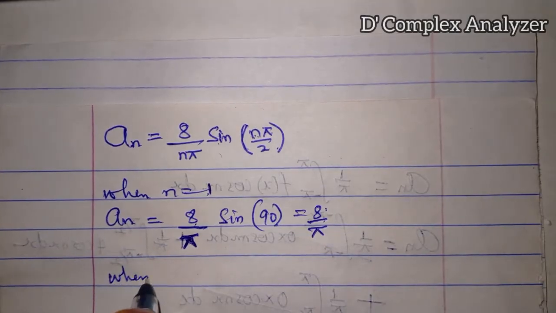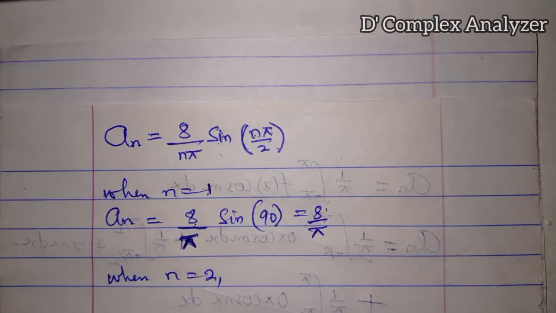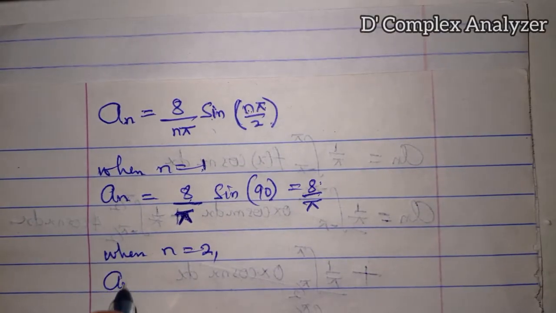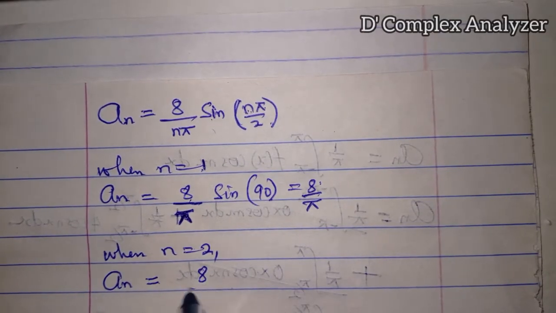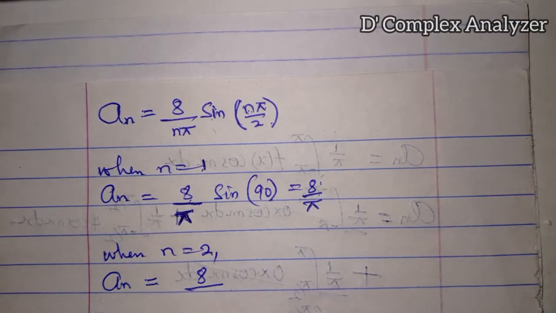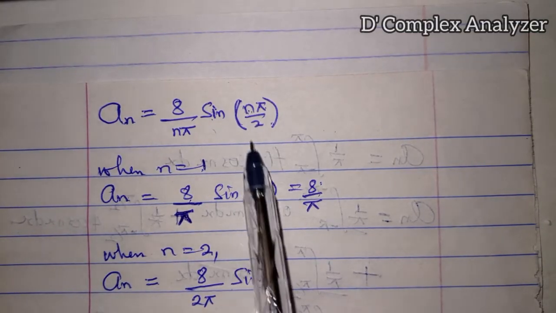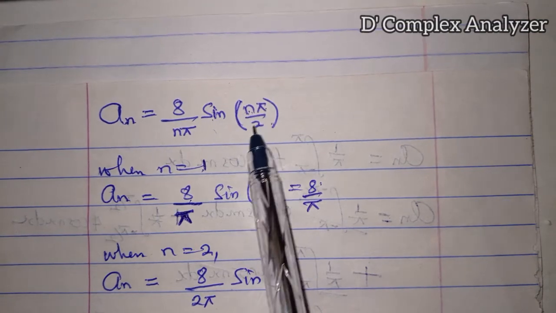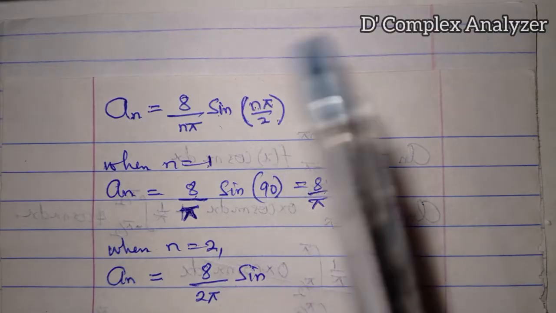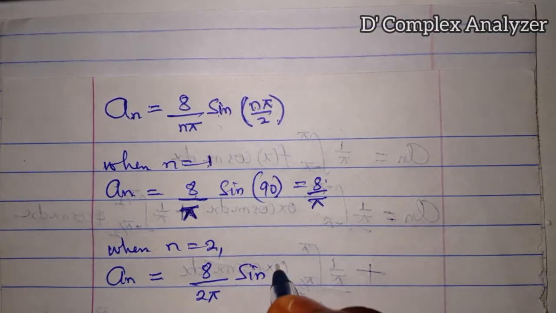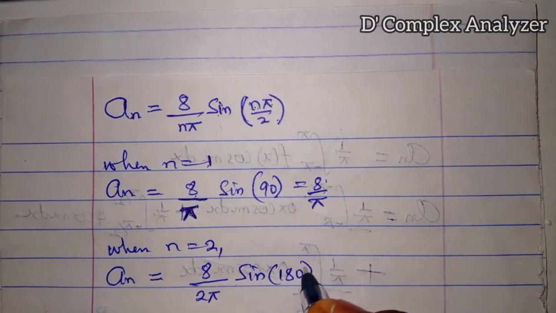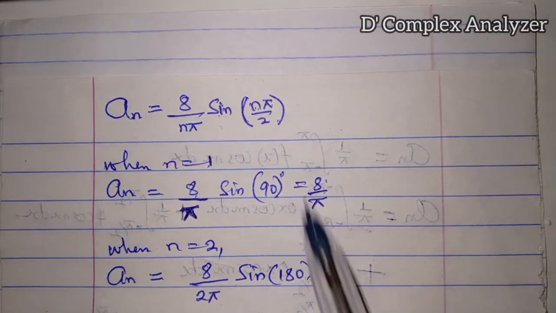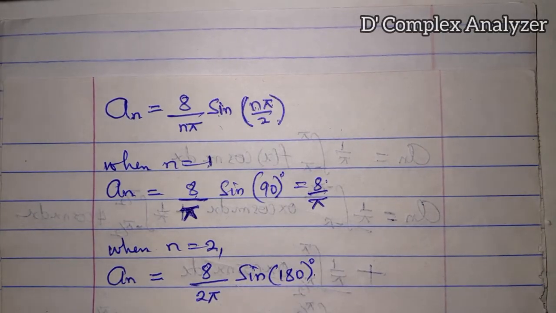When n equals 2, a sub n is 8 all over 2 pi times sine of 2 times 180, which is 360, divided by 2. We still have 180, so sine 180 degrees, which is 0. So everything here becomes 0.